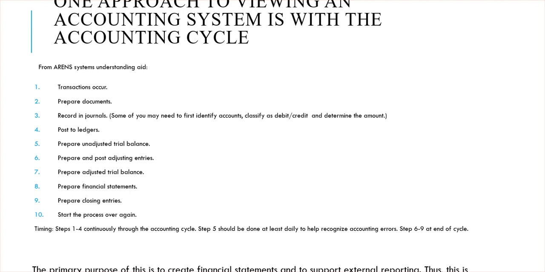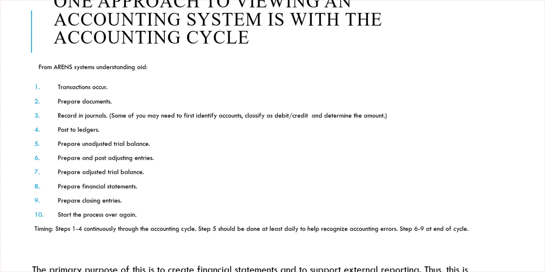We have journals, we have ledgers, and then we prepare unadjusted trial balances. We have adjusting entries we do. We prepare what we call an adjusted trial balance. We prepare financials, closing entries, and we do this process over and over again.